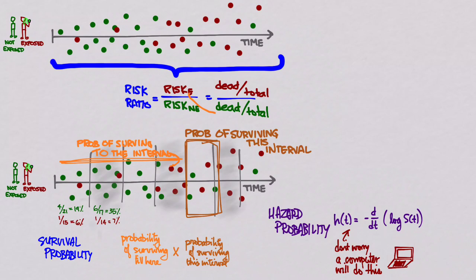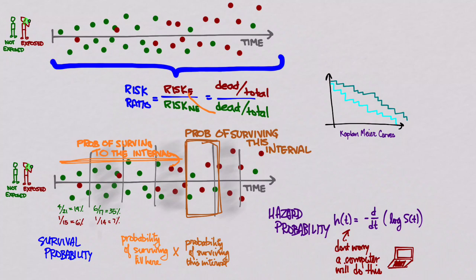We're just saying that the hazard ratio is the ratio of one group surviving compared to another group within a specific time interval. And you can also think of it as a survival probability, which is the probability of surviving to this interval times the probability of surviving inside that interval. And if you graph all of these survival probabilities, that's when we get our Kaplan-Meier curves.